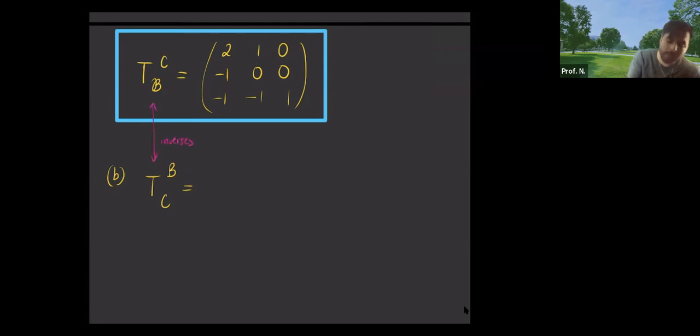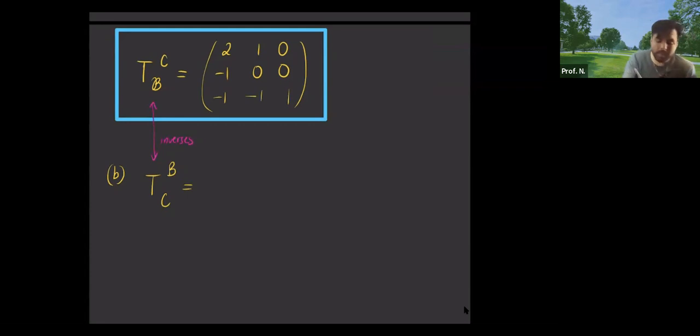If they're inverses, that's pretty nice because then the transition matrix from C to B is the same thing as the transition matrix from B to C, but take the inverse of it. So take the inverse of the upper matrix. Put that matrix as a 3 by 3 matrix: 2, 1, 0, -1, 0, 0, -1, -1, 1.